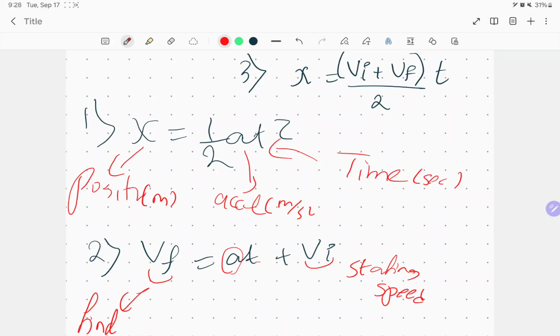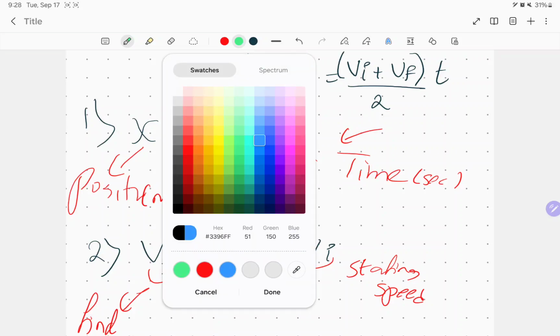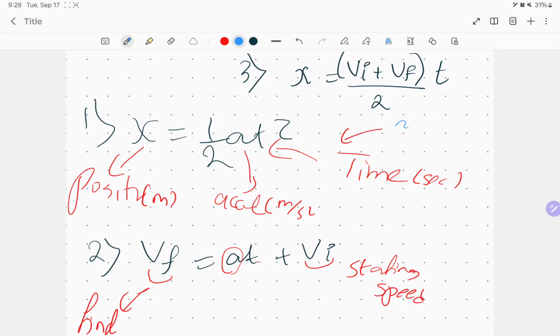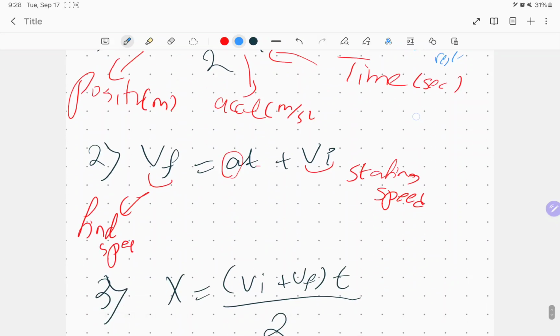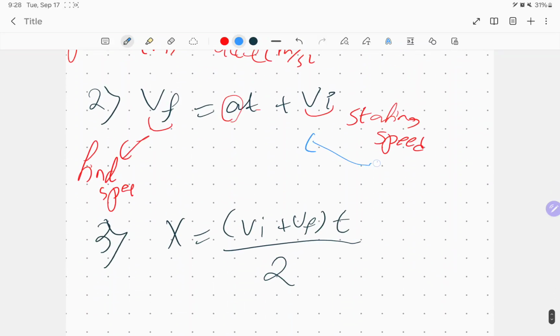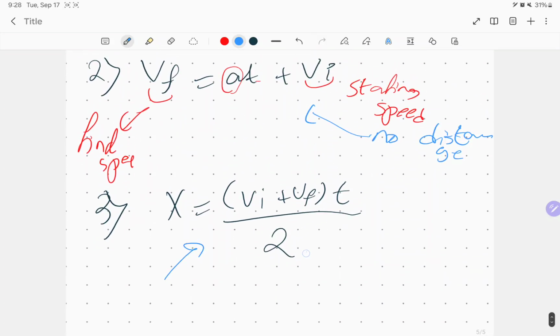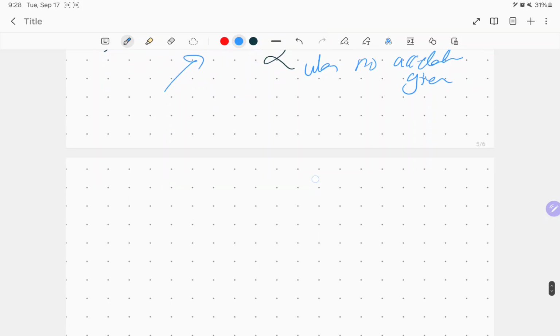I use this rule when starting from rest, when no distance is given, and when no acceleration is given. You're going to see now what I mean by it.